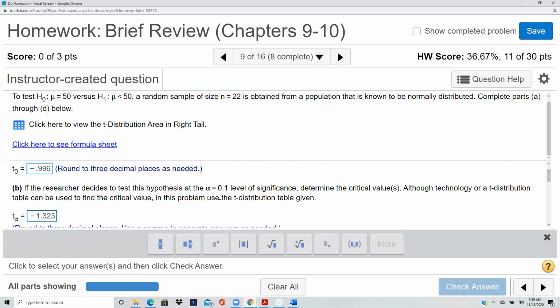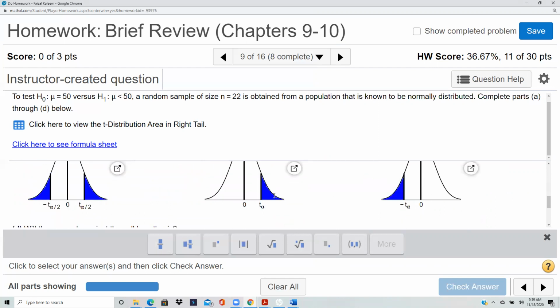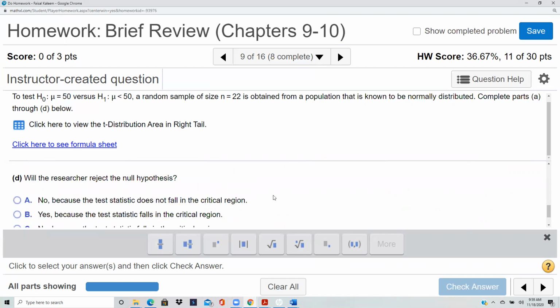You will not reject. If it's greater, then you don't reject. If it's less than alpha, then you reject. Okay, so with this knowledge we can answer. The question was, will the researcher reject the null?